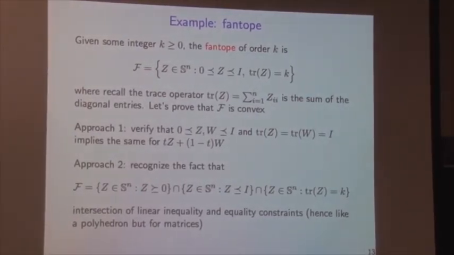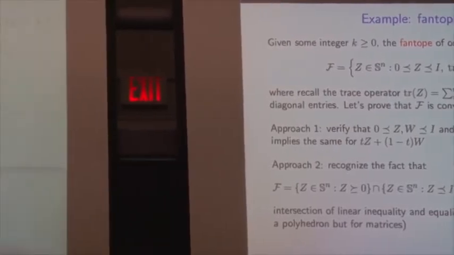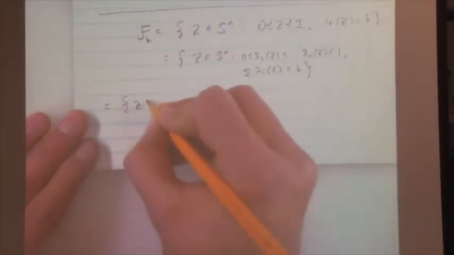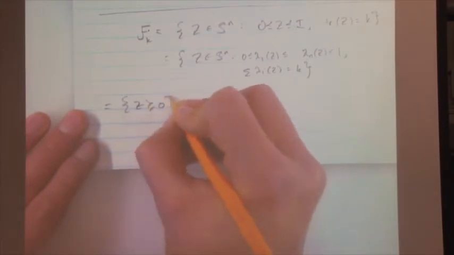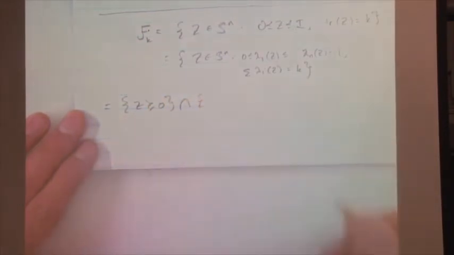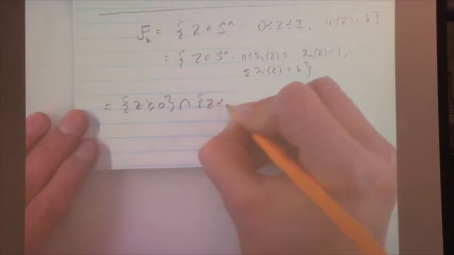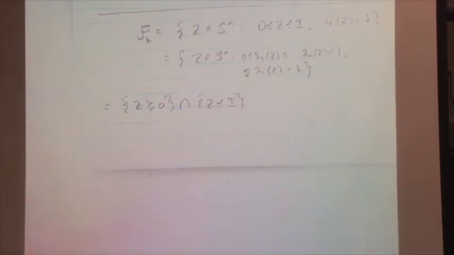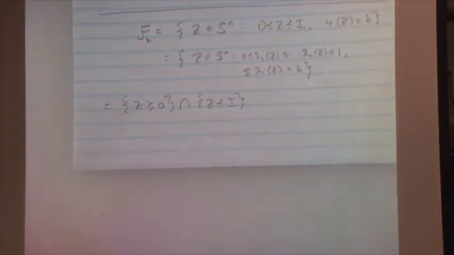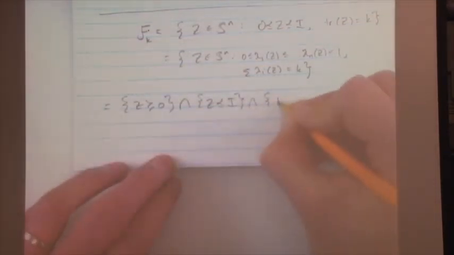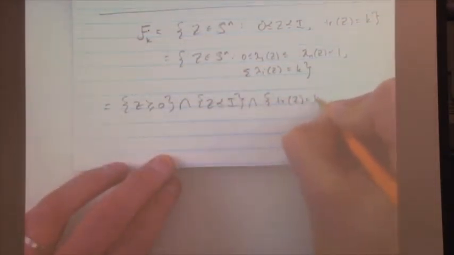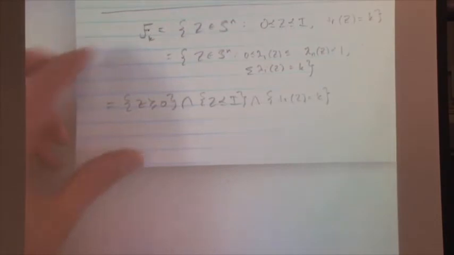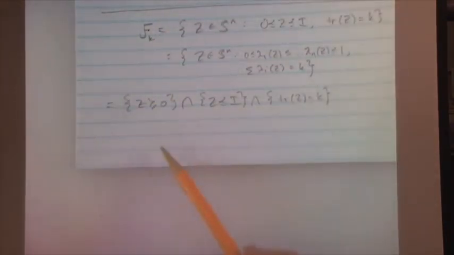So we write this as the set of all matrices Z that are positive semi-definite, for which I minus Z is positive semi-definite, and for which the trace of Z is equal to k. I'm using shorthand here for each of these sets. I really should write Z in the set of symmetric matrices such that these are true.